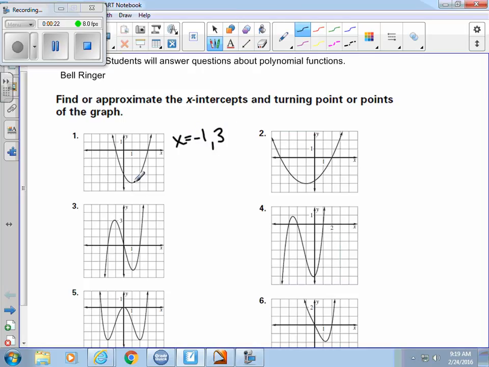And the turning point appears to be at 1, -4, is that right? -4 and 2. Turning point at -1, -3. How are we doing? Everyone see how I'm getting that information?